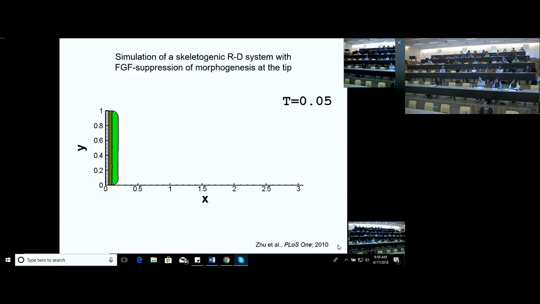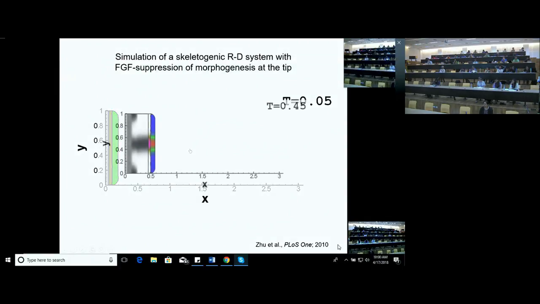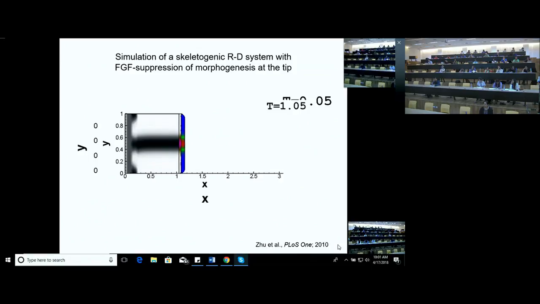And here is a simulation that's based on a reaction diffusion system in which there is production of a suppressing component at the very tip. So let's look at what happens. Okay, so as the tissue is moving away from the suppressive region, it forms condensation.